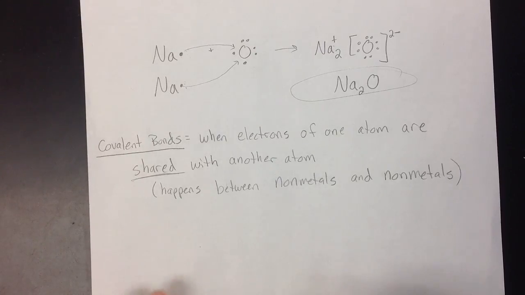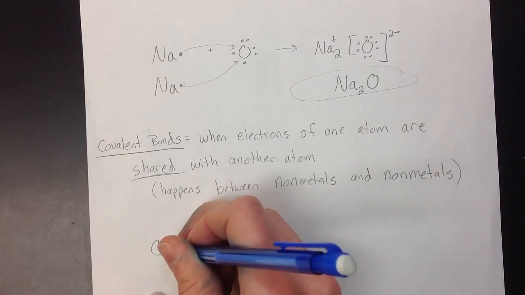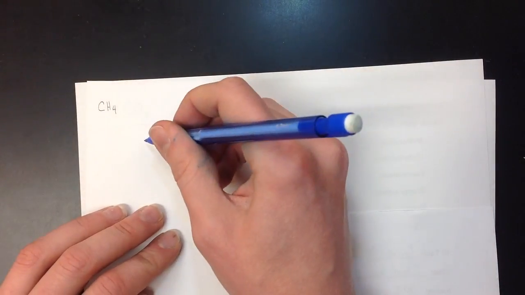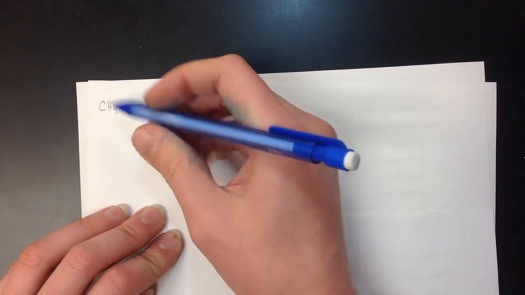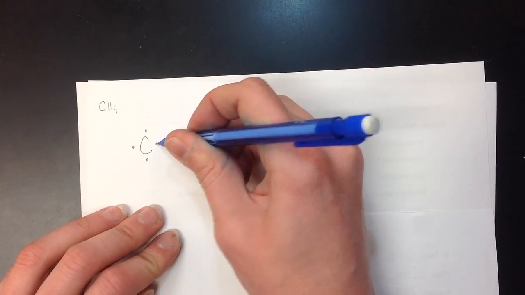So for example, let's look at CH4, methane. Let me go ahead and draw it on here. If we were to draw the Lewis structure for this, I would write carbon. There are 4 valence electrons around carbon because it is in group 4.